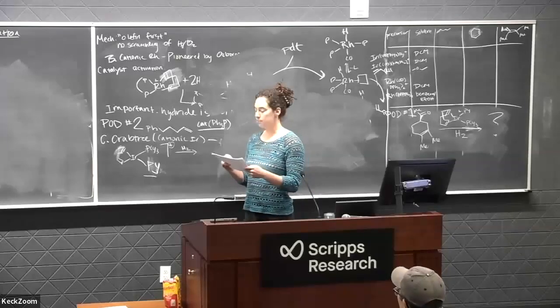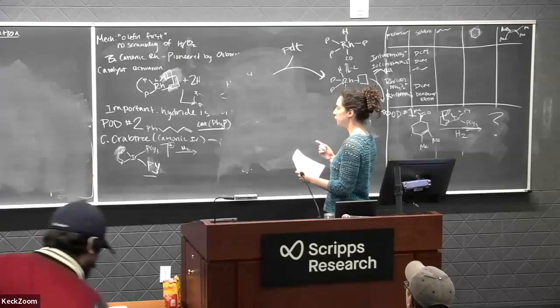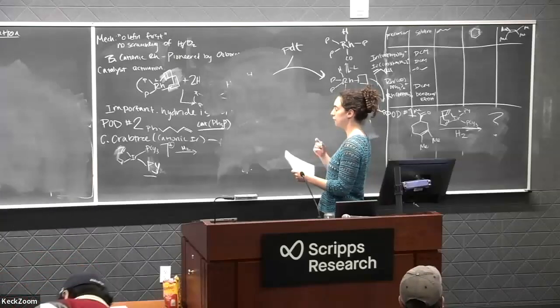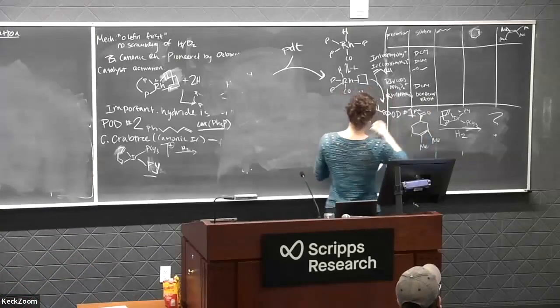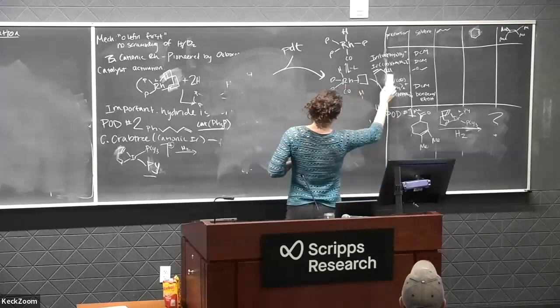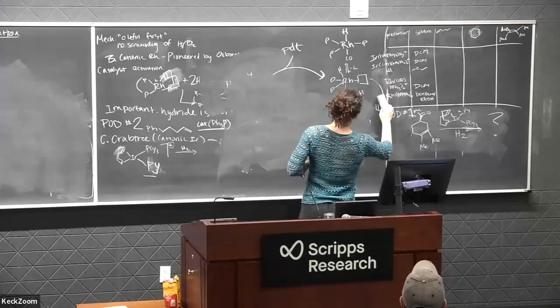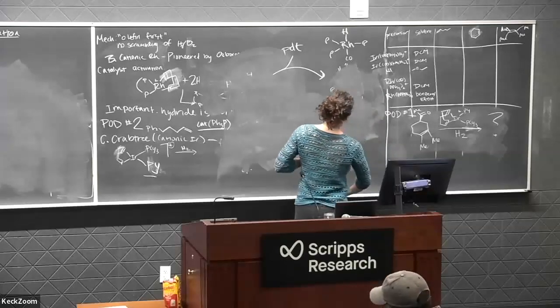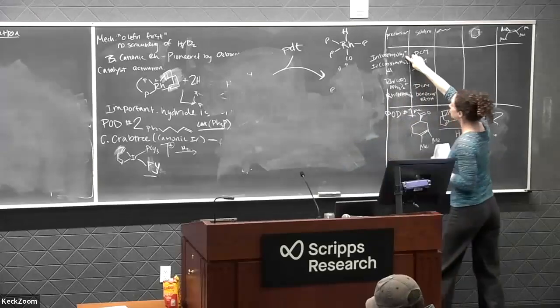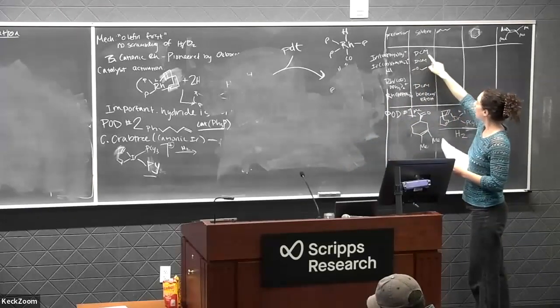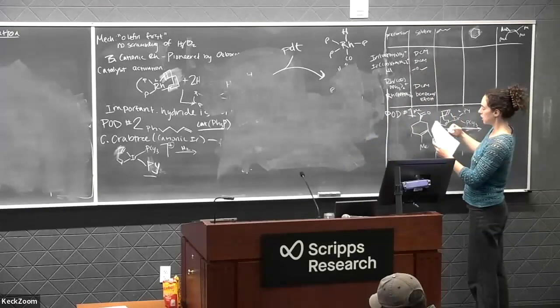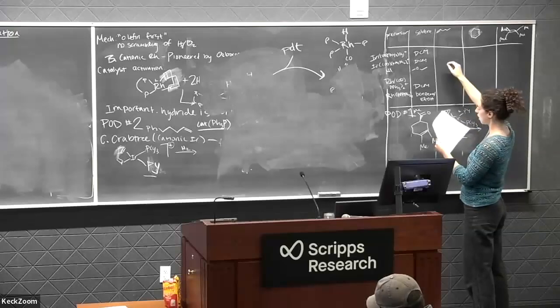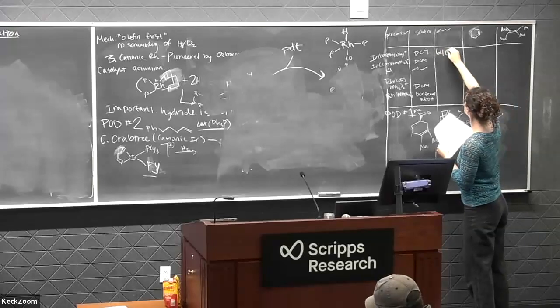So just to demonstrate a few of its properties, I made this chart up here. Okay, so Crabtree's catalyst up here, in the presence of DCM, the turnover frequency for 1-hexene is 6,400.